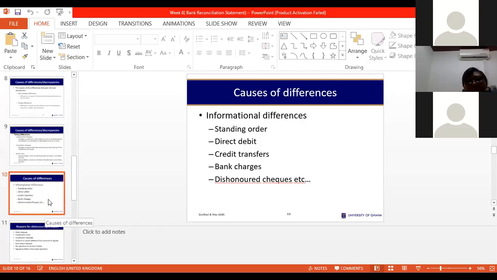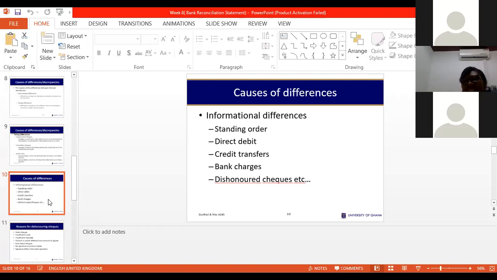Then the informational differences. Like I did mention, it is because we don't have information about certain transactions that the bank has undertaken on our behalf, and we can only know those transactions when we go for our bank statement. So examples are standing order.